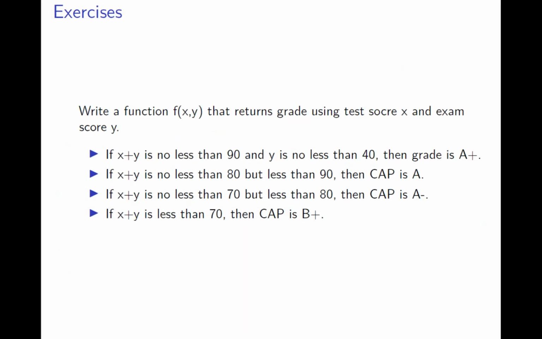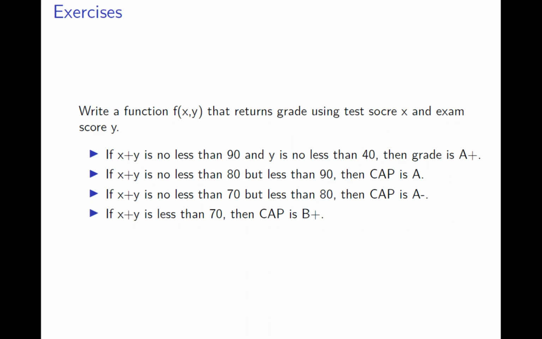So now let's go to the other exercise. It's more complicated. We have two inputs, x and y, the exam score and test score, and if x is more than 90 and y is less than 40, then A plus. If the total score is 80 to 90 it is A, 70 to 80 is A minus, less than 70 is B plus.